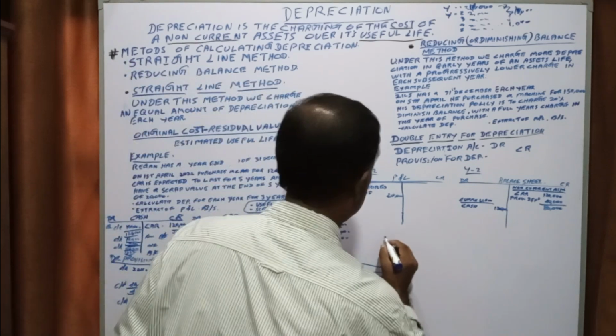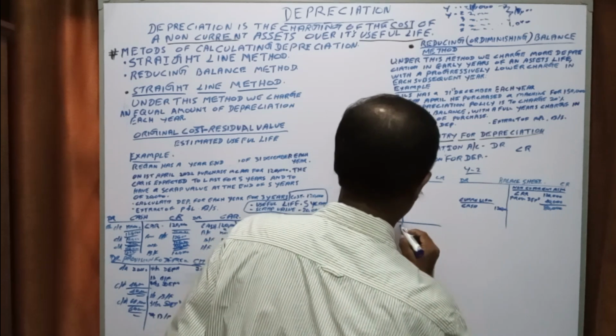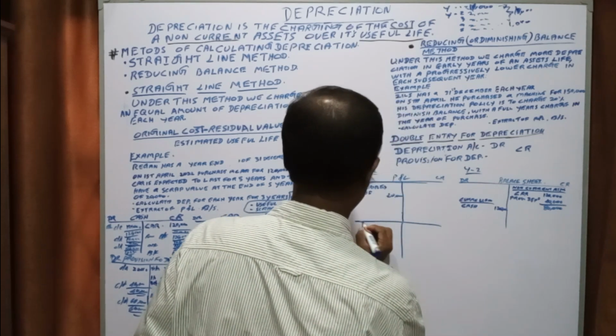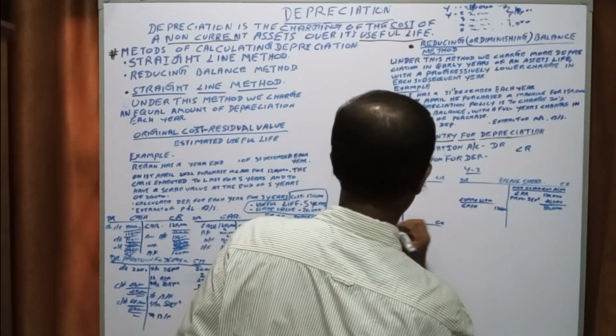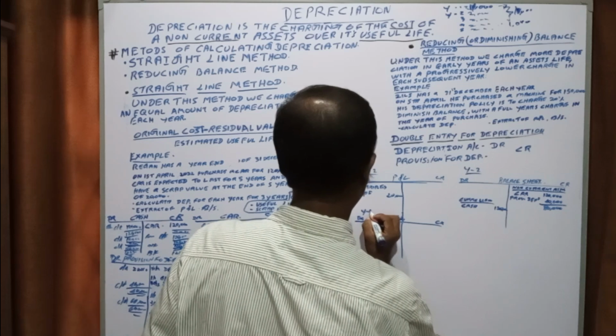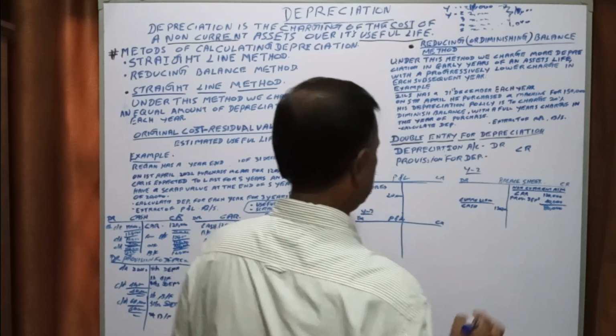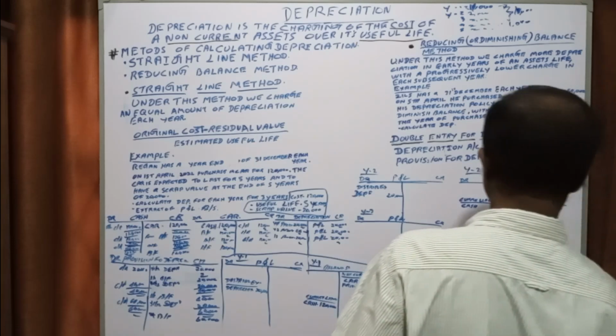In year 3, debit, credit, P&L year 3, and the balance sheet.